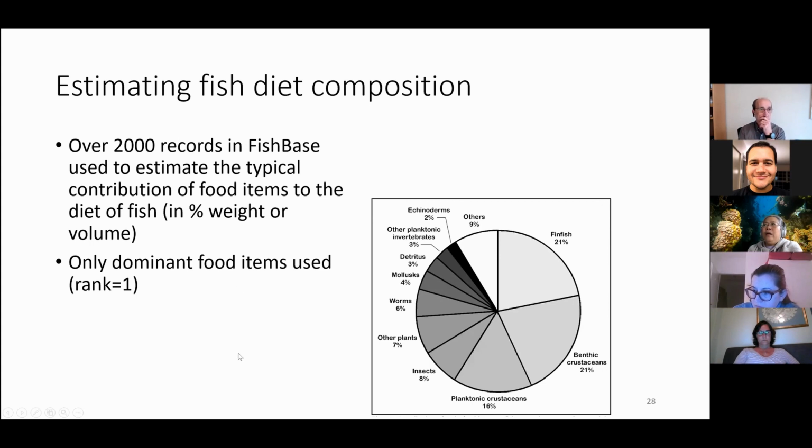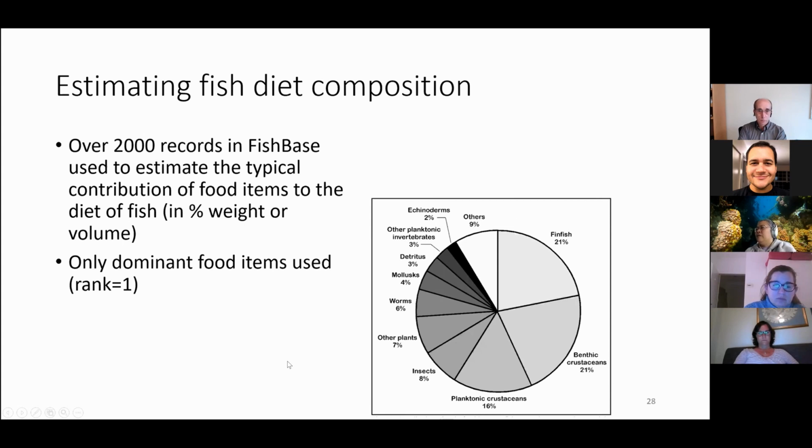Now I'm going through the process of how we provided that baseline trophic level to each of those items in the hierarchy. In FishBase, we first had 2,000 records of prey that were used for the typical contribution of food items in the diet of fish.